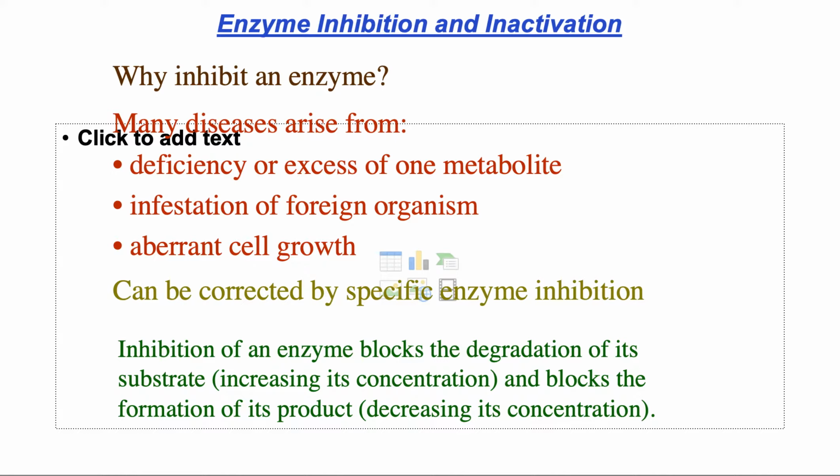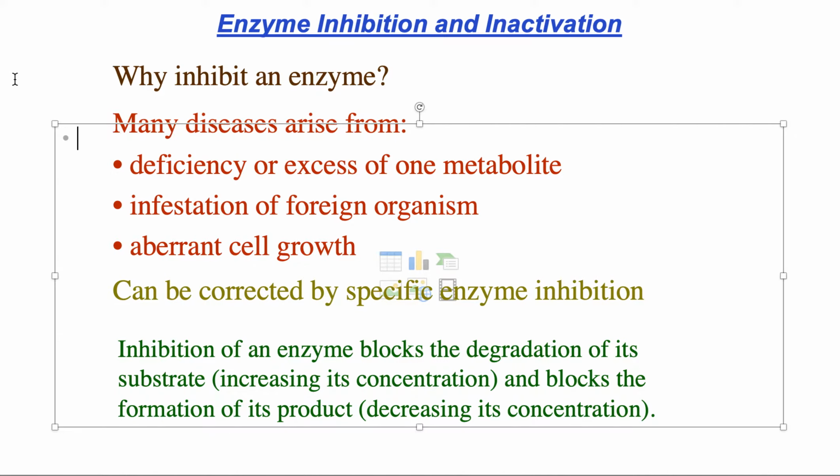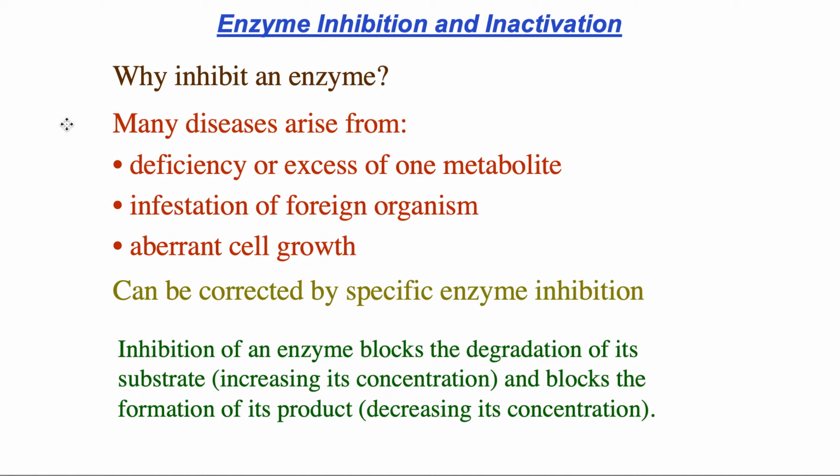The reason that you'd want to inhibit an enzyme is that many diseases arise from either deficiency or excess of one metabolite. Those are what we call metabolic diseases, and those tend to be genetic diseases. Or an infestation of a foreign organism.